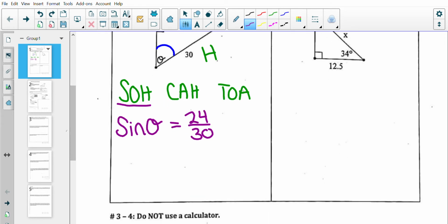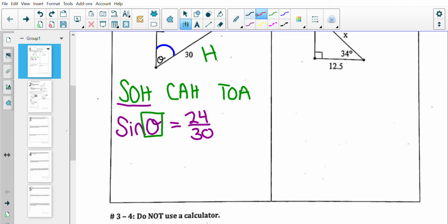Now we want to solve for the angle, so we're trying to solve for theta. We can't solve for theta until the variable is completely by itself. Now remember, we're not able to divide by sine or cosine or tangent by itself. You can divide by it when it's accompanied by an angle, but you can't divide by itself. So how are we going to solve this?